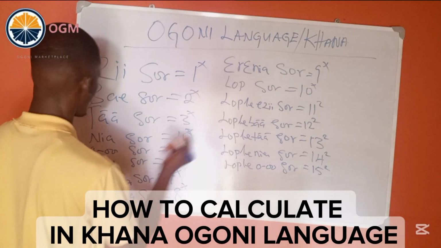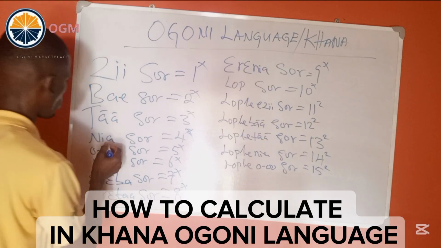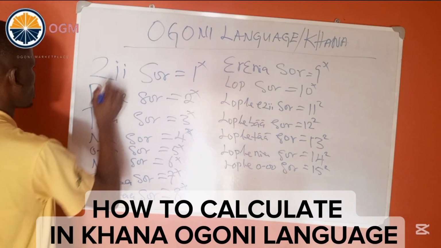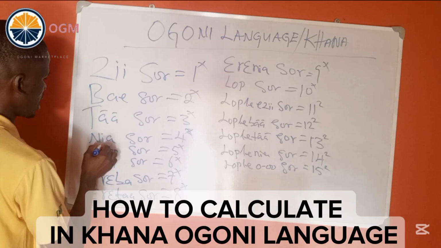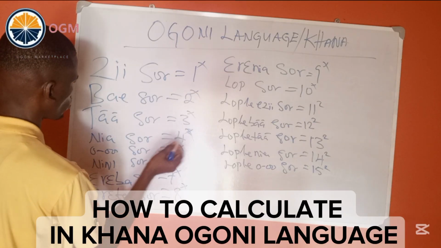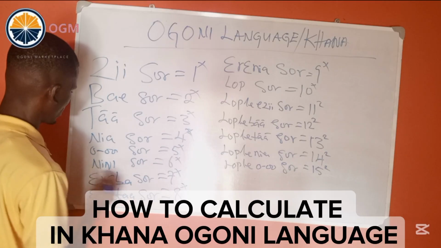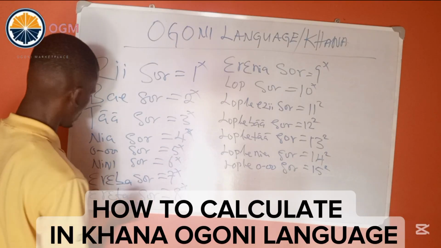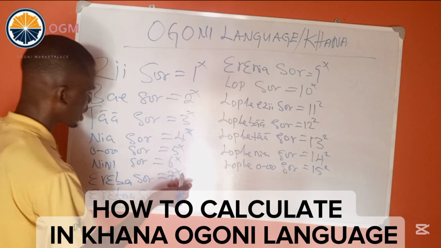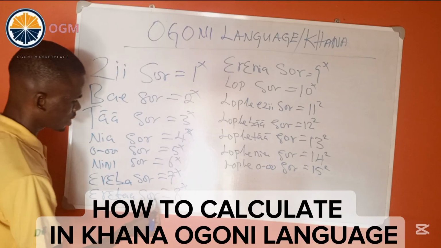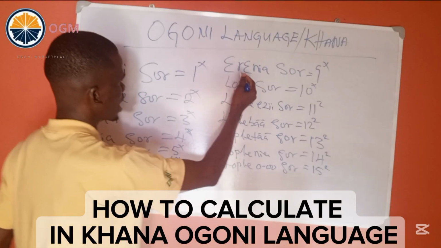3 is 3x. And 4, which is near. This is zin, by, pa, near. Near son means 4x. Then son means 5x. In son means 6x. And son means 7x. Son means 8x.